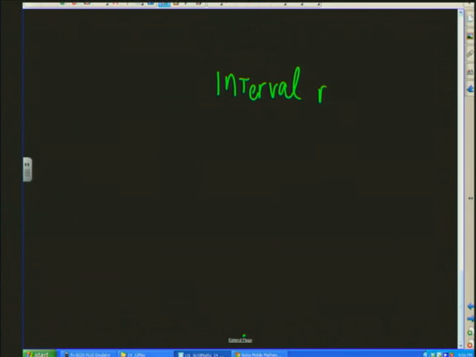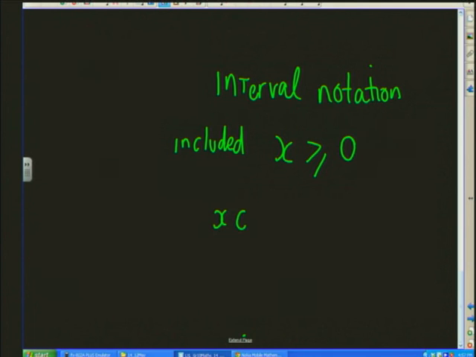In order to show that a value is included, say we wanted to say x is greater than or equal to 0. Let's just say that was your range for some graph. In order to show in interval notation that 0 is included, you would say x is an element of, and you use square brackets.